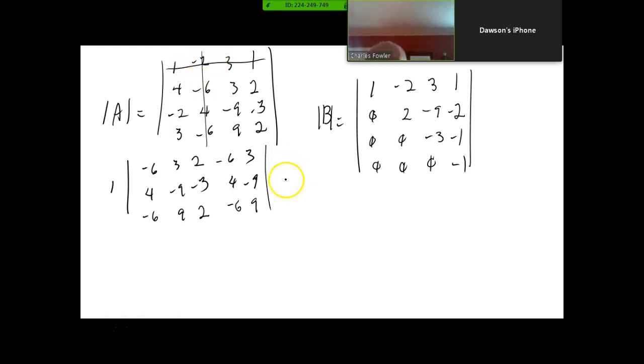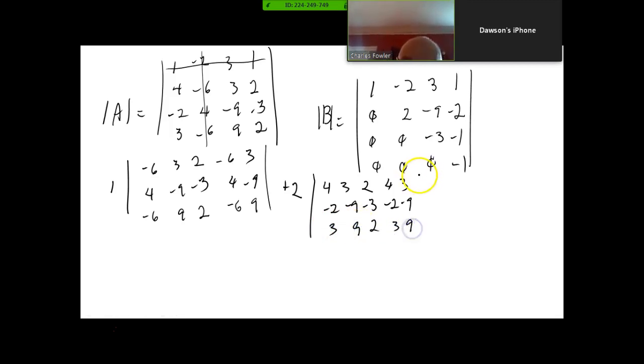Negative, so -2 is a +2, and then we'll be doing the determinant of what's left there, and that's going to be a 4, 3, 2, 4, 3, -2, -9, -3, -2, -9, 3, 9, 2, 3, 9. Agreed? Please say yes. Okay. All right?